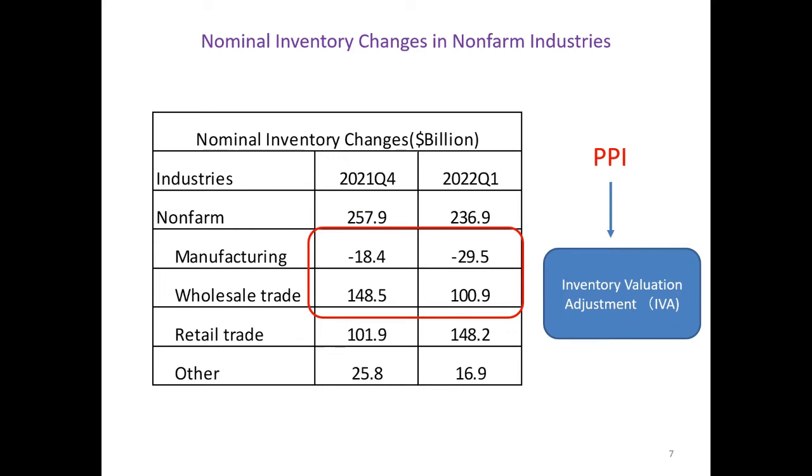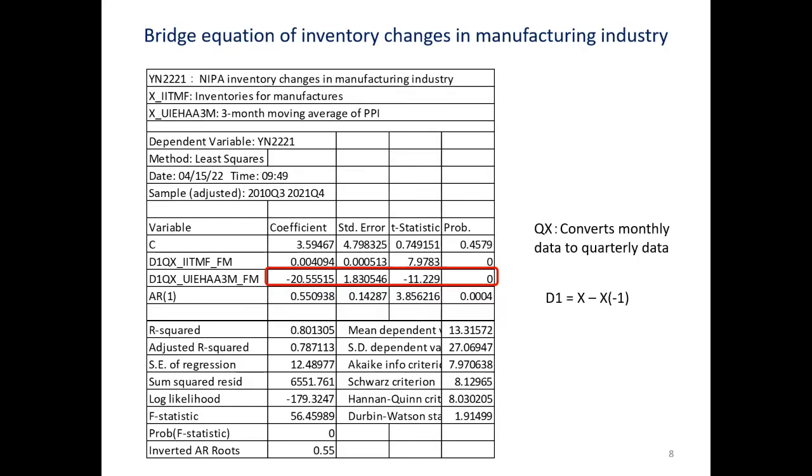This is because CQM implicitly estimates inventory valuation adjustment by producer price index in the bridge equation of inventory changes. The 3-month moving average of PPI is used to implicitly estimate inventory valuation adjustment in a bridge equation of inventory changes in manufacturing industry.